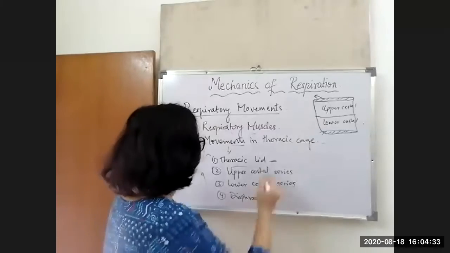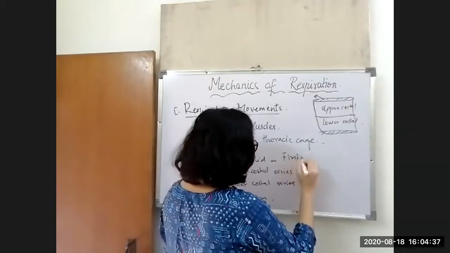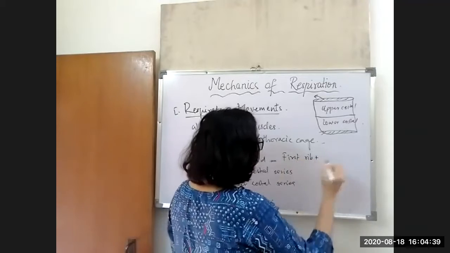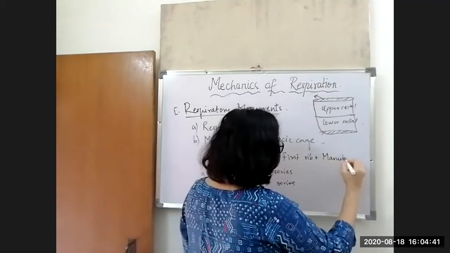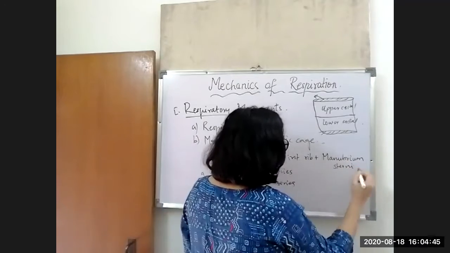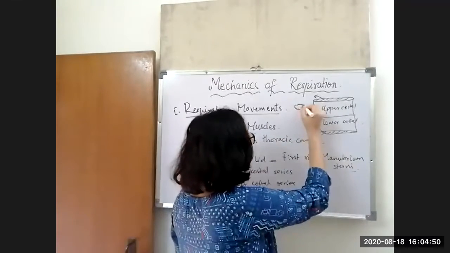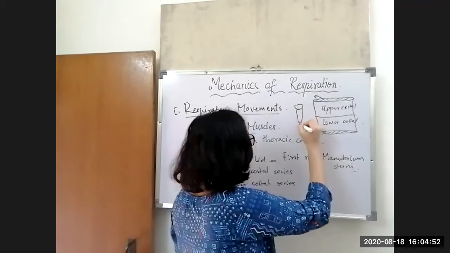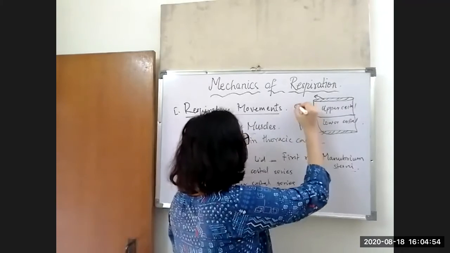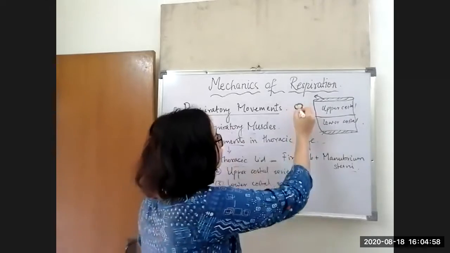Okay, so the thoracic lid comprises the first rib plus your manubrium sterni. What is manubrium sterni? Our sternum is like this. So this topmost portion is your manubrium.